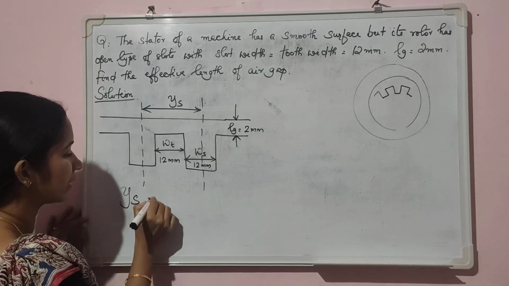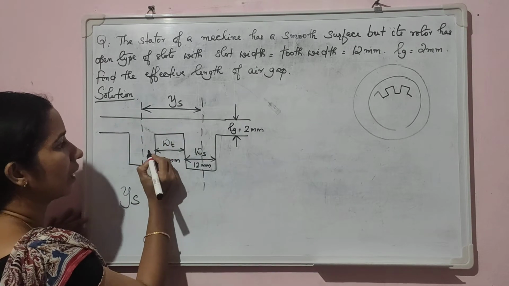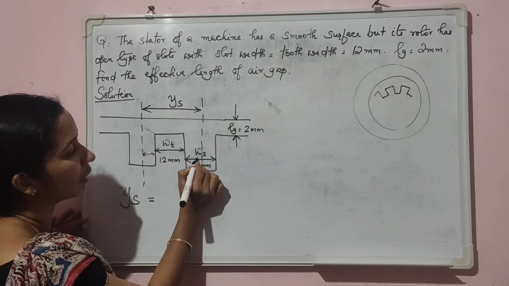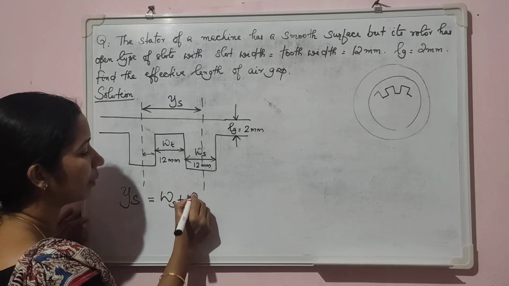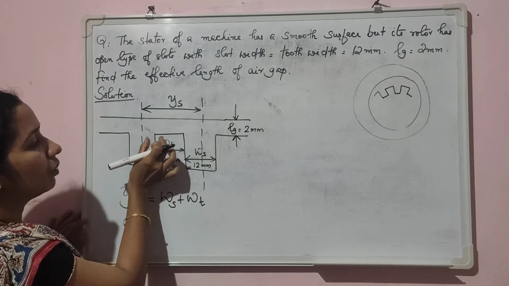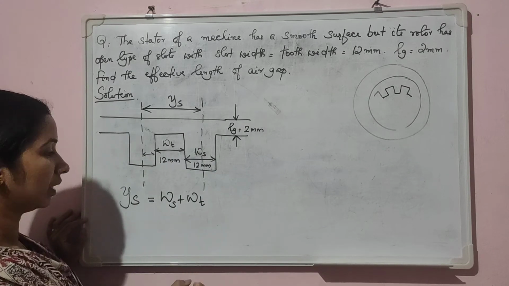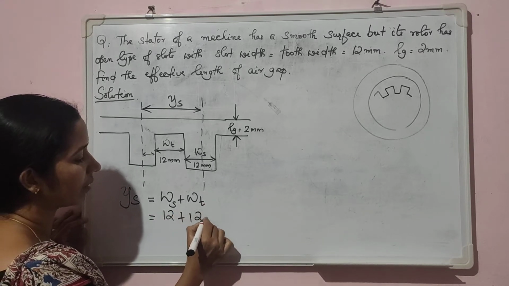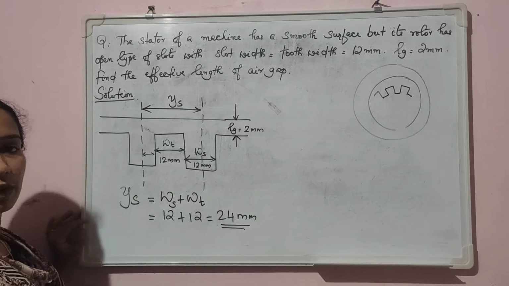Ys is Ws by 2 plus Wt plus Ws by 2, that means Ws plus Wt. Both are given as 12 mm, so 12 plus 12, 24 mm. Slot pitch Ys is equal to 24 mm.